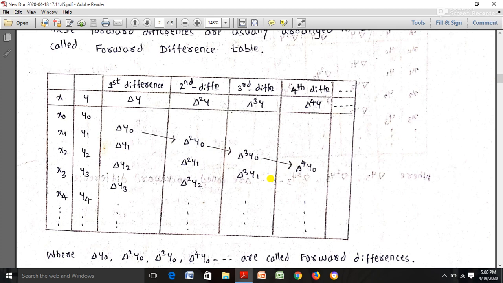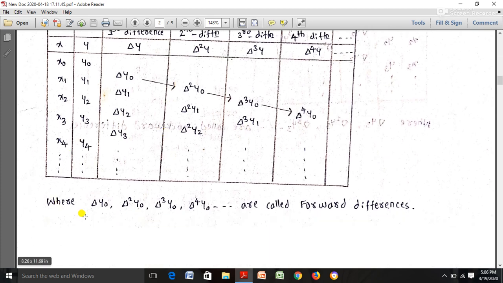We find these values and arrange them in this format, where delta y0, delta square y0, delta cube y0, delta raised to 4 y0 are the forward differences.